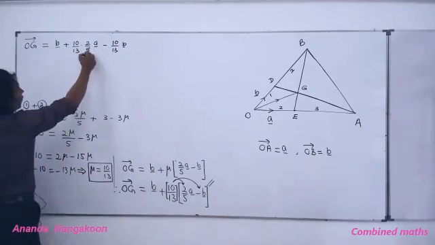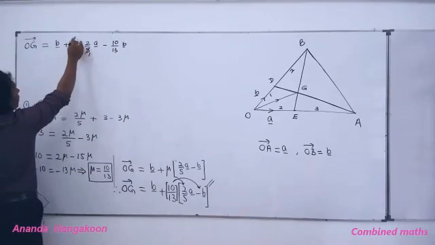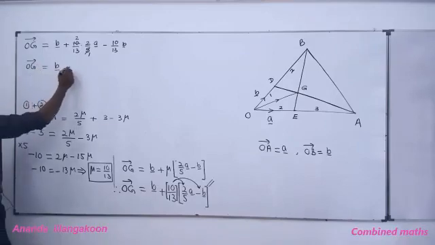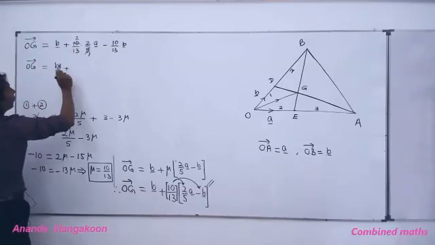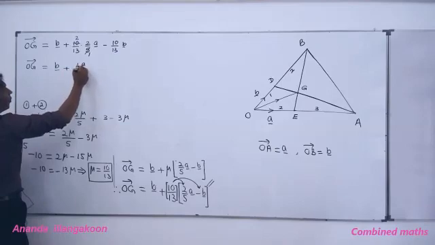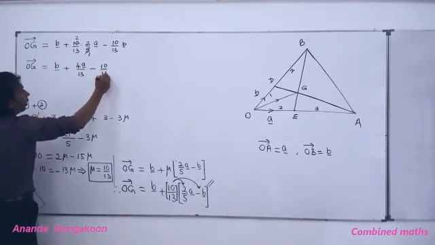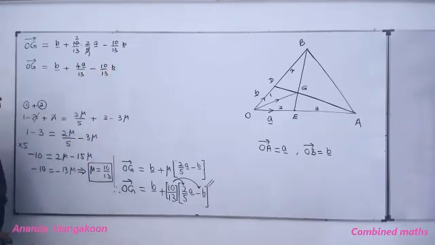We can cancel down this 5 and this 10 by 5. Then we get OG vector b plus 2 and 2 makes 4a divided by 13 minus 10 divided by 13 vector b.